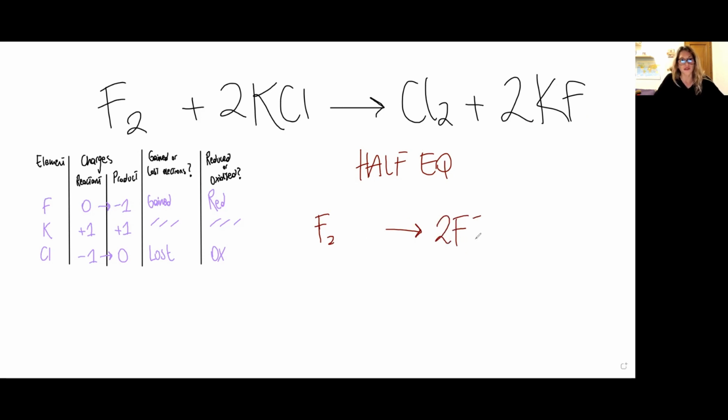And now we need to show in this half equation what we said here, that it has been reduced, that it's gained electrons. Something gained, come together, so we write them down on the left-hand side of the equation. In this transfer, that has been 2 electrons because each fluorine gains 1.